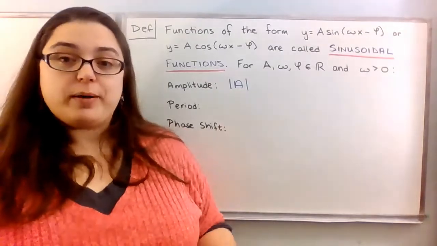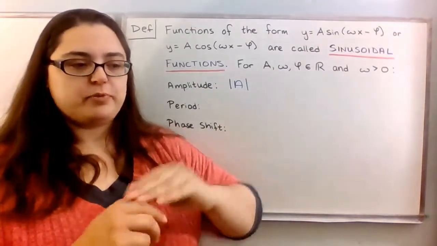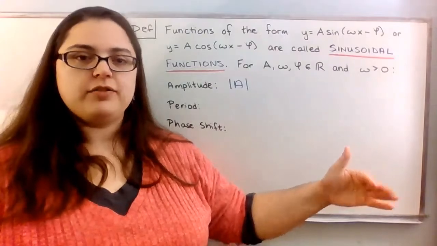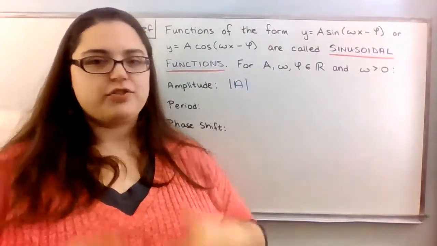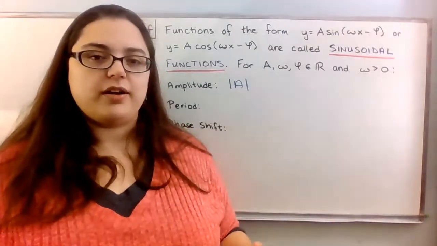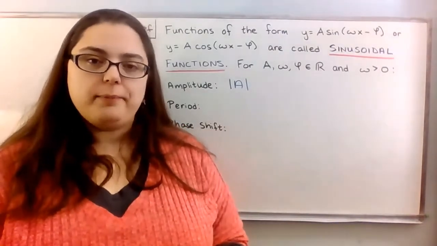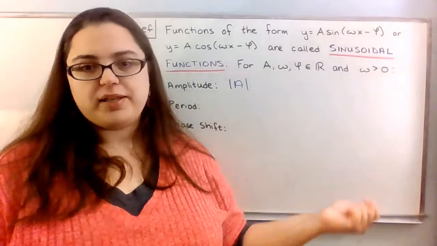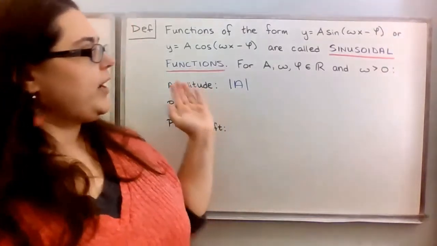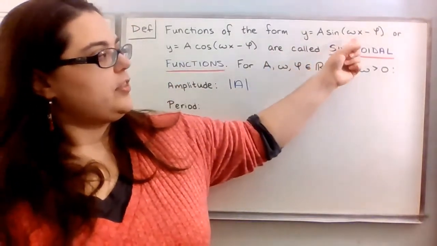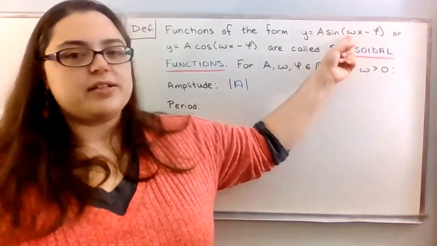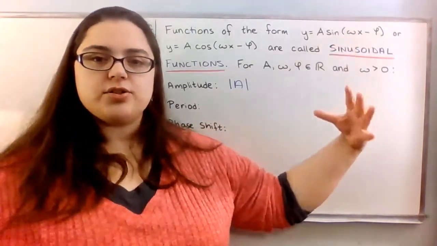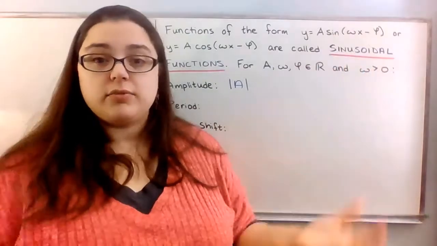The period, remember, is how long it takes before the trig function repeats itself. A typical sine or cosine function, like sine of theta or cosine of theta, has a period of 2 pi. It took 2 pi before the curve repeated. When I look at the transformation here, the thing that's going to impact that is the omega in front of x, because the omega is either going to stretch or compress the trig function.